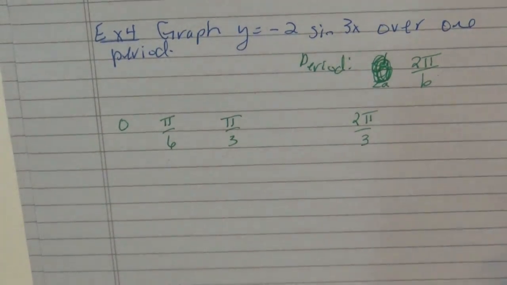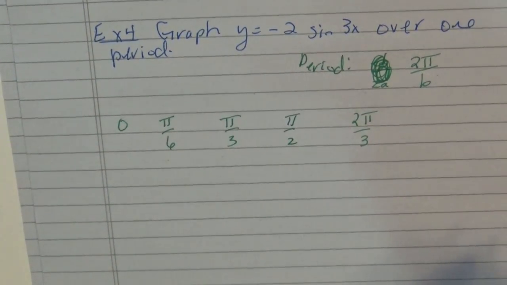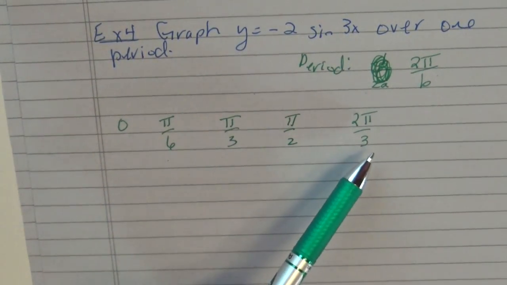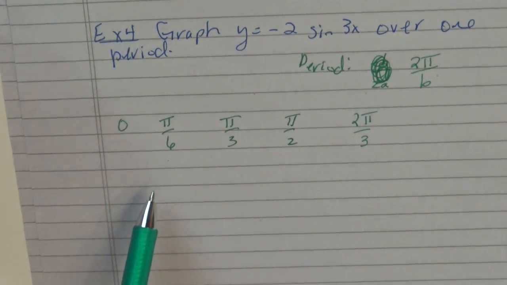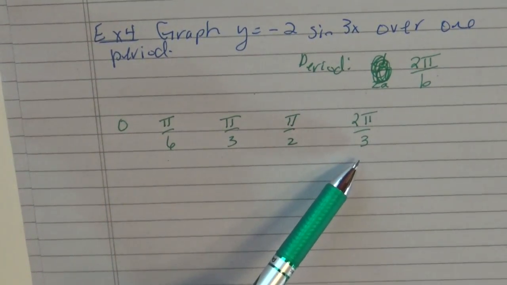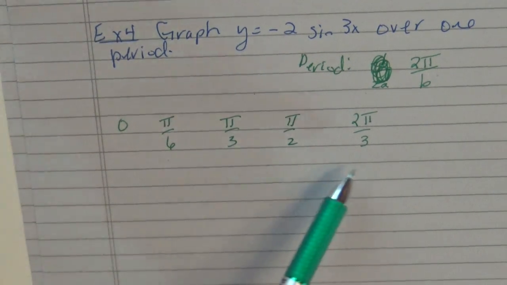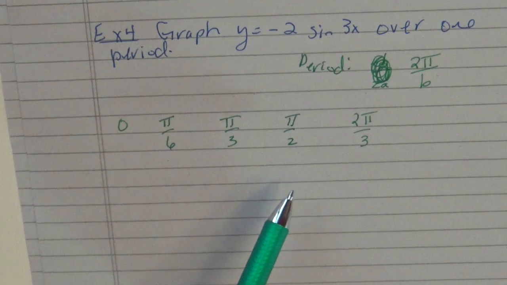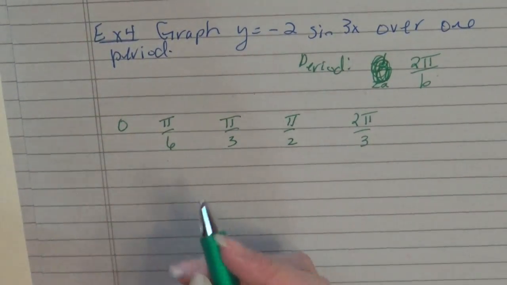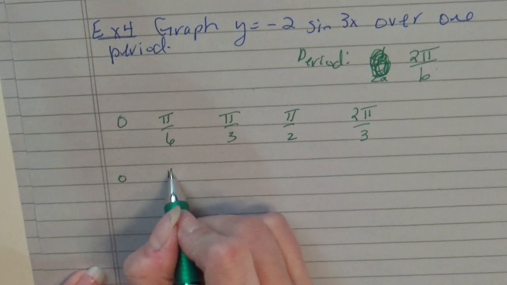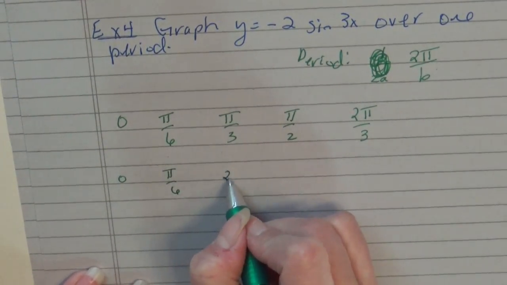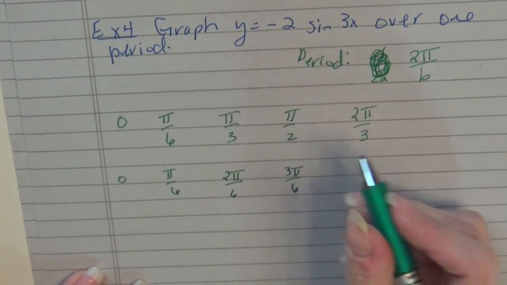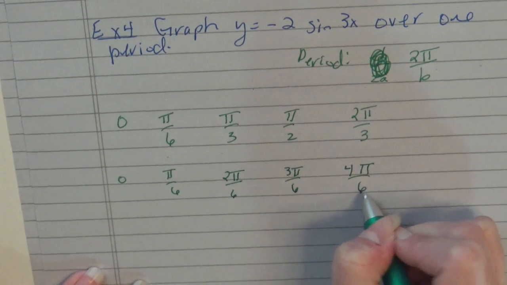So we've divided our period from 0 to 2 pi over 3 into 4 equal intervals. If the fractions are giving you trouble, you can convert all of these to common denominators. That might make it easier, because then you've got pi over 6, then 2 pi over 6, which is pi over 3, 3 pi over 6 gives you pi over 2, and 4 pi over 6 gives you 2 pi over 3.